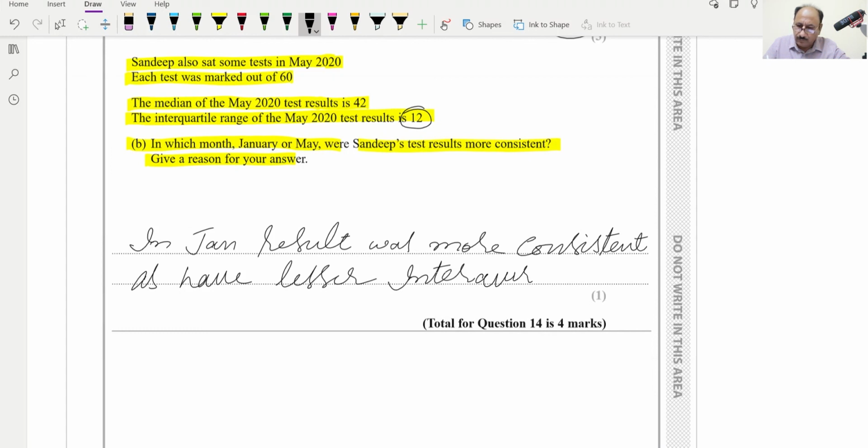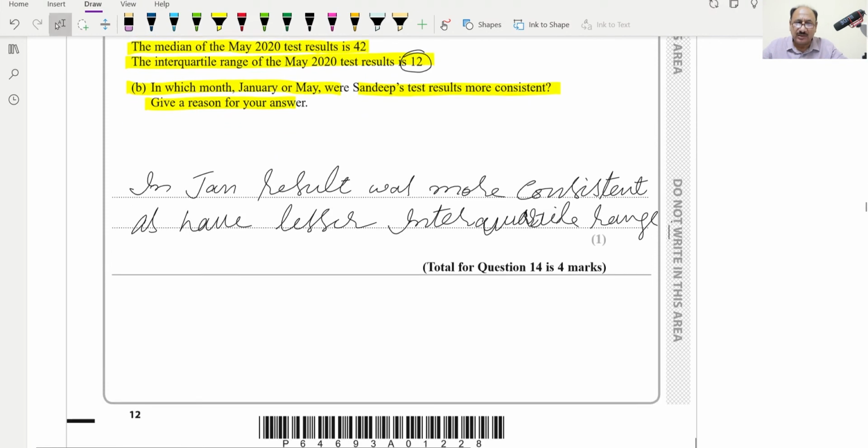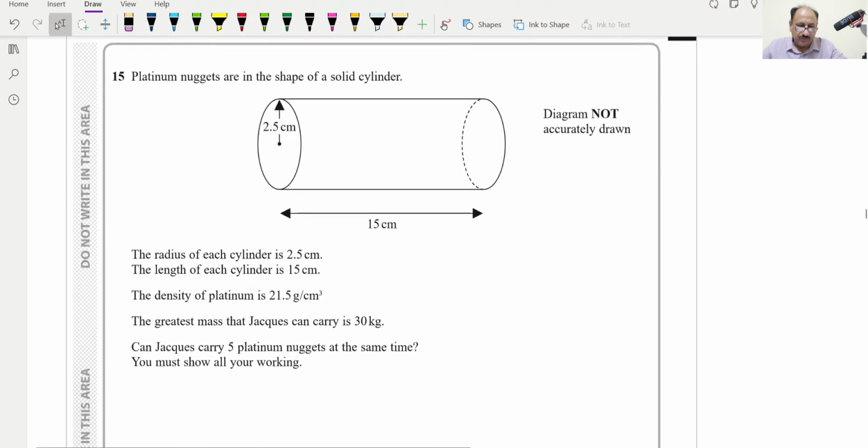So if the interquartile range is lesser, it shows more consistency, that the data is having closer values.